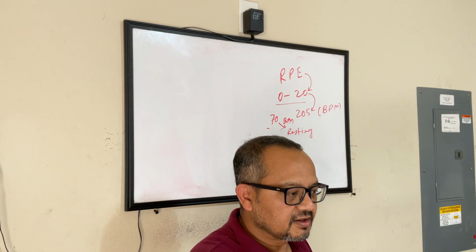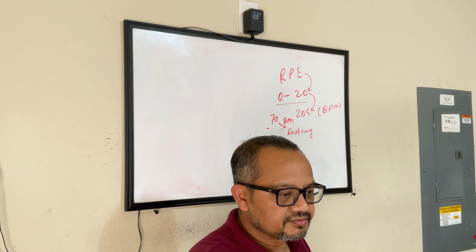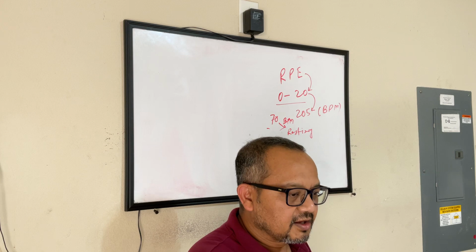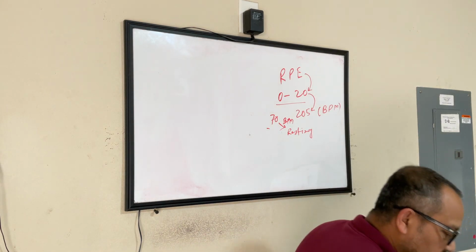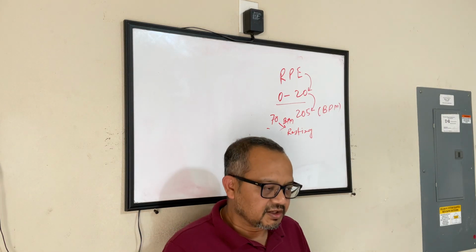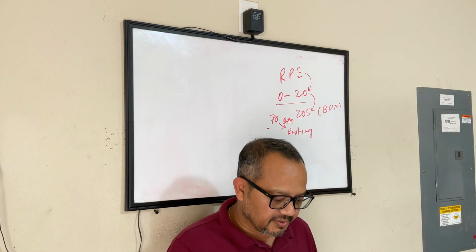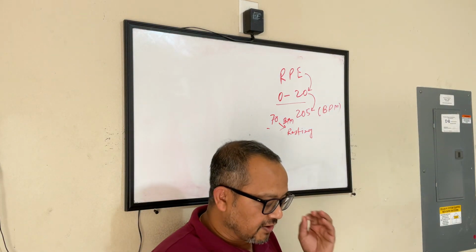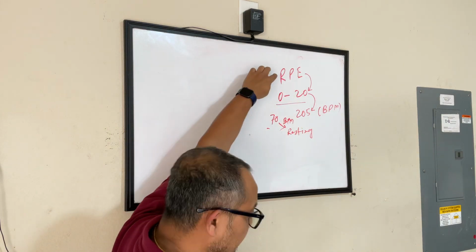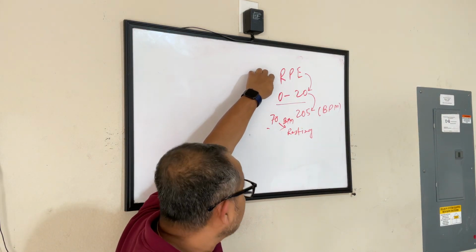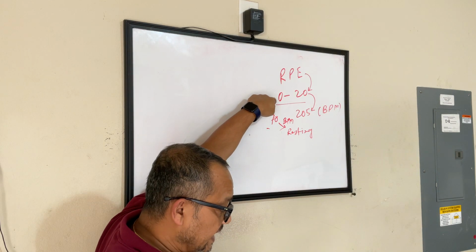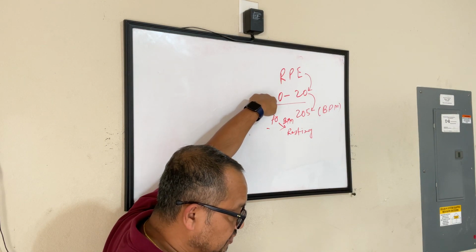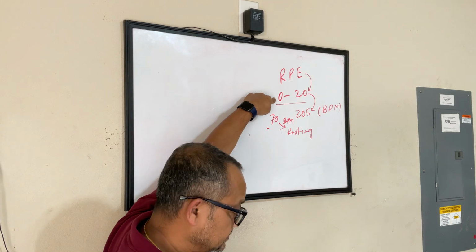Yeah, I heard it. Okay. For the kids who joined late, I'm reading it one last time at a slow pace, and this is an opportunity for everybody else to follow it. The RPE scale runs from 0 to 20 and is approximately proportional to a person's heart rate.